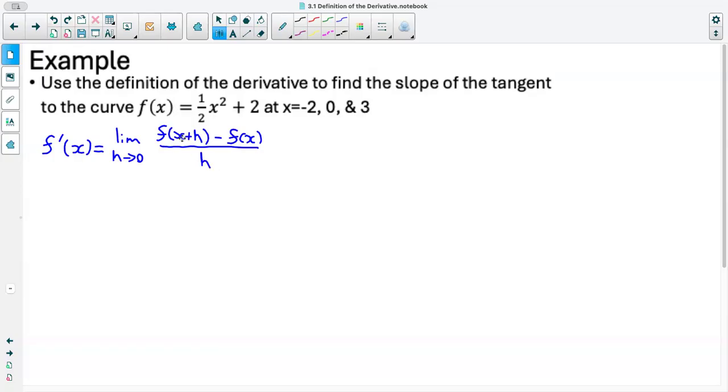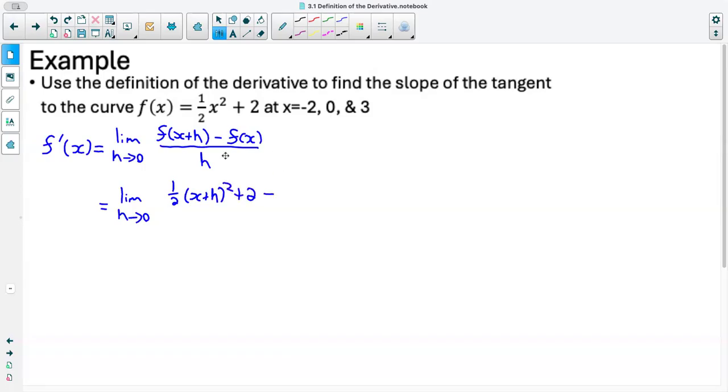So we'll then insert our function into this. We've got our limit as h goes to 0 of f of x plus h. That's essentially this function, but we're substituting in x plus h everywhere we had x squared. So it'd be 1/2 times x plus h squared plus 2.